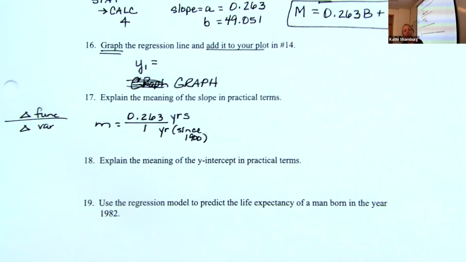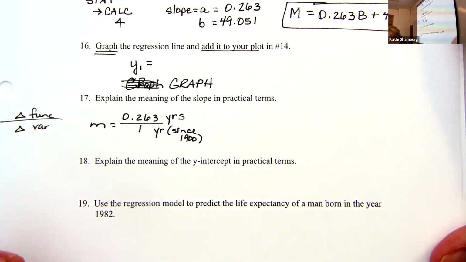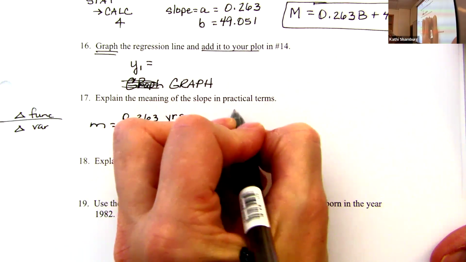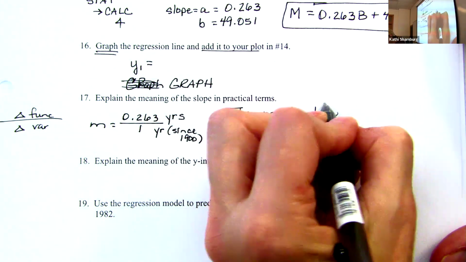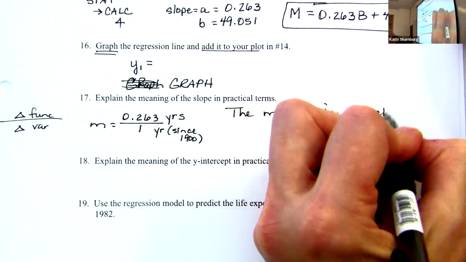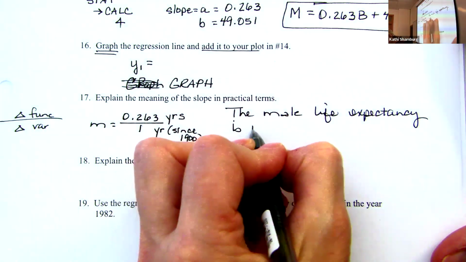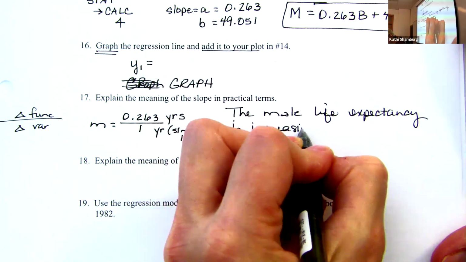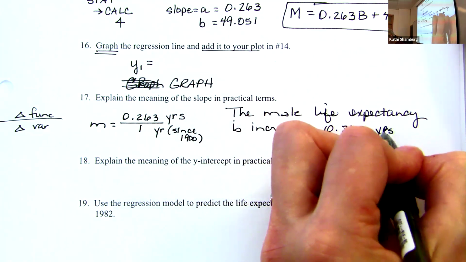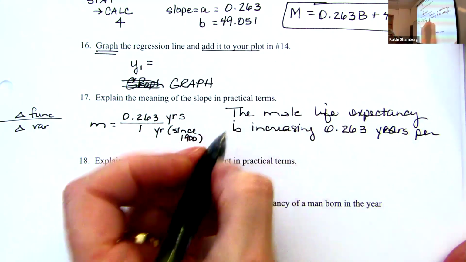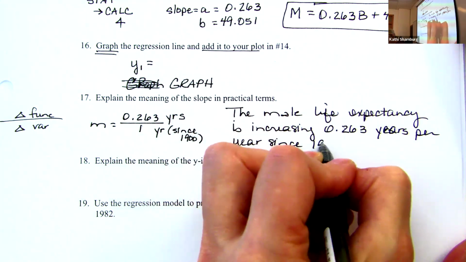So my function, you can just look up there and say the male life expectancy, because that's what it says in the table. So the male life expectancy, and what is it doing? Increasing 0.263 years per year since 1900.